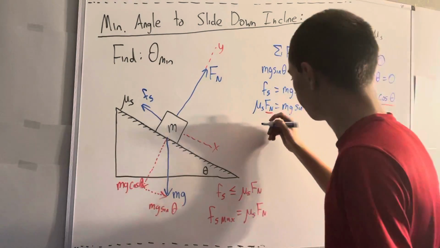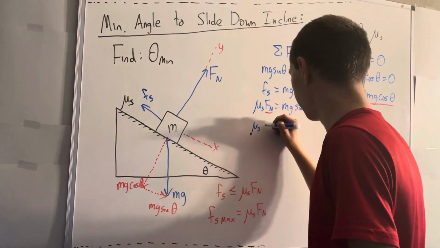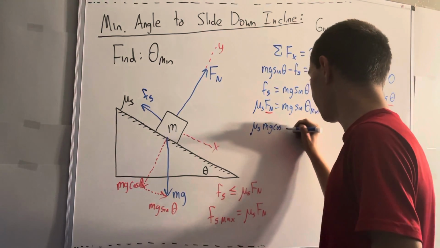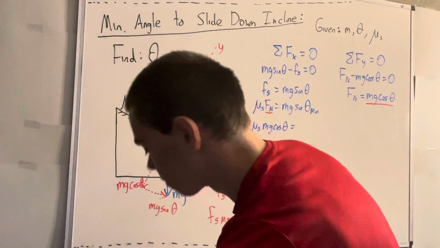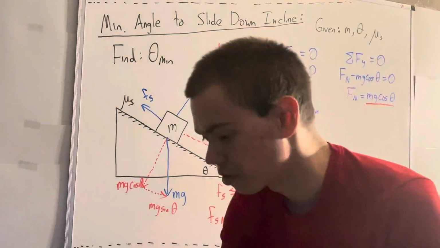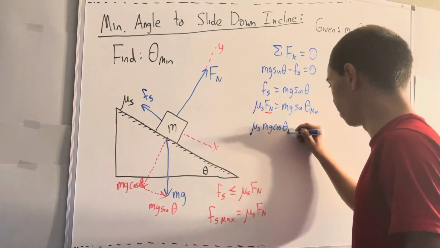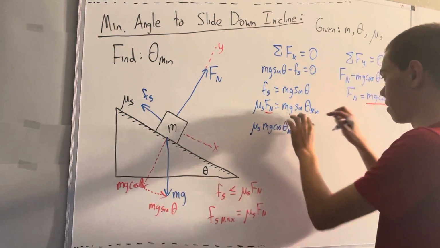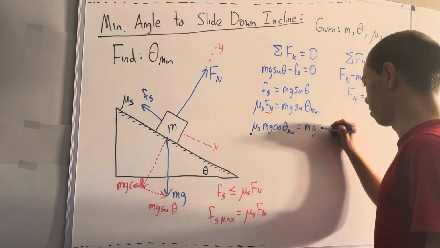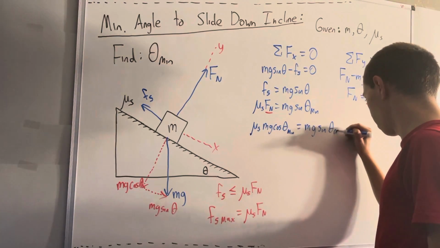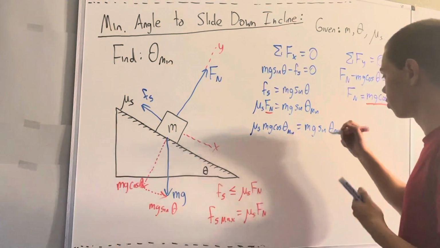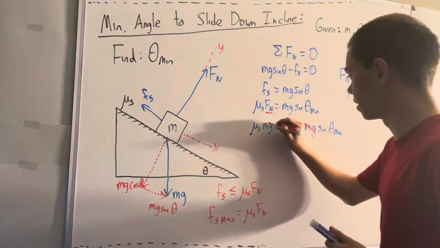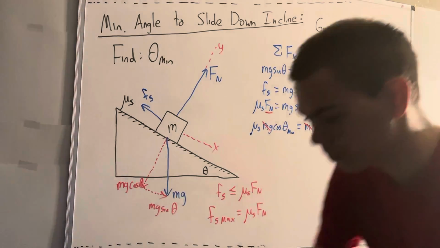So really we have mu s mg cosine theta equal to mg sine theta. Remember, now we're dealing with the minimum angle, so this is going to be theta min. And it's equal to mg sine theta min. All right, and notice how mg will cancel out on both sides of the equation.